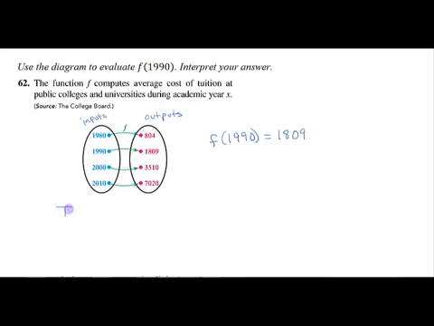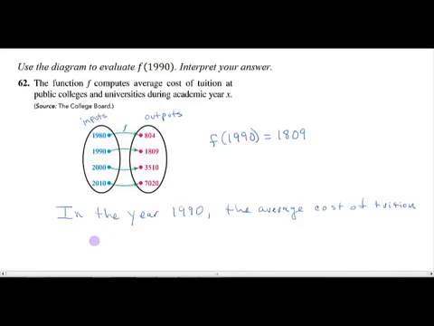So what we want to say is, in the year 1990, the average cost of tuition at the public colleges and universities was $1,809. We've mentioned the x and the y, but in the context of the problem, 1990, our input, is a year, and 1809 is our output, but it's in dollars.